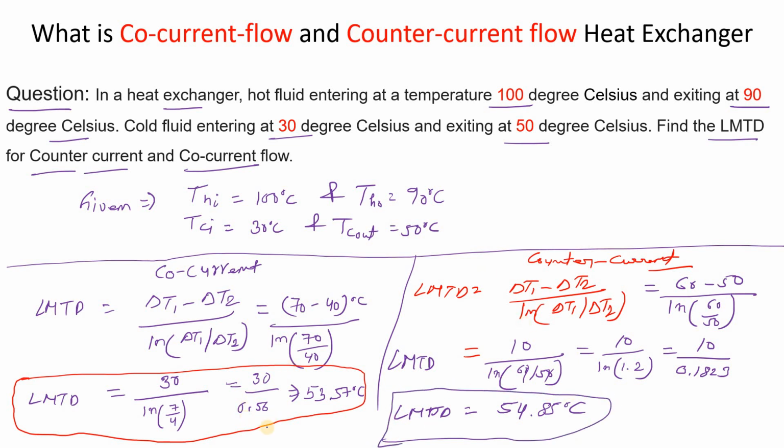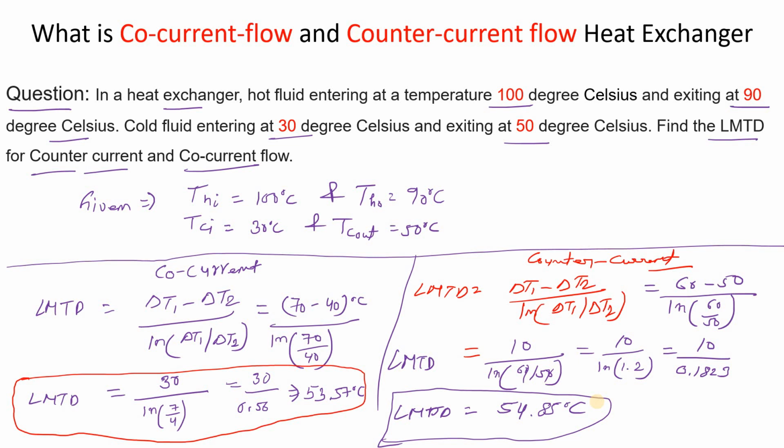So now let's compare the LMTD. See, in a co-current flow, your LMTD was 53.57, but in the case of the counter current flow, your LMTD is 54.85 degrees Celsius. Now we could simply say that if the inlet and outlet temperatures are unchanged, then the LMTD for counter current flow will be higher than the co-current flow, right?